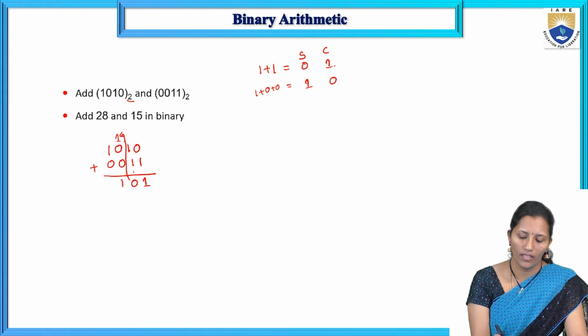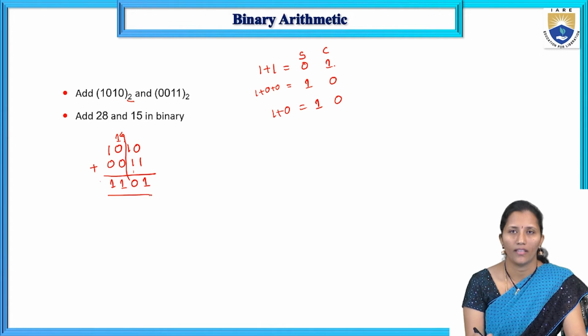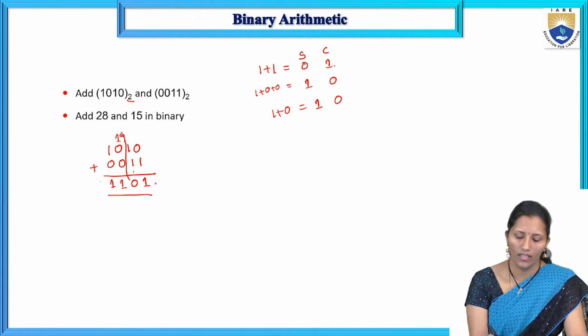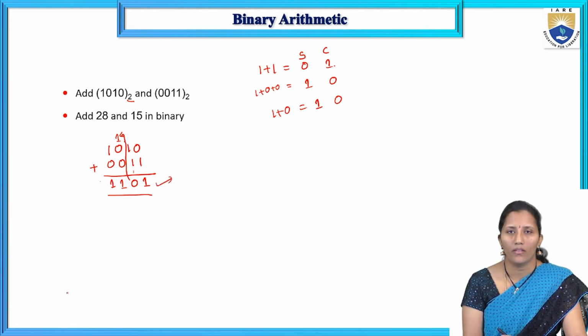Now in the last bit, the MSB, we have 1 and in the other number we have 0. 1 plus 0, the sum is 1 and carry is 0. If the carry is 1, we have to write it; if the carry is 0, there is no need to write the carry here. So this is the binary addition of two binary numbers.